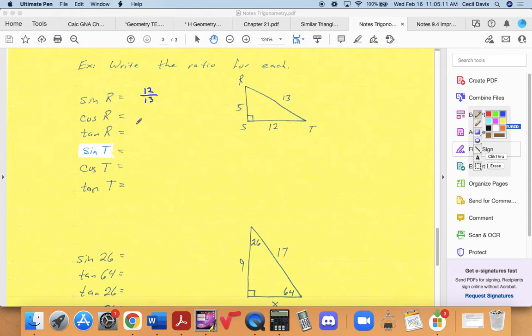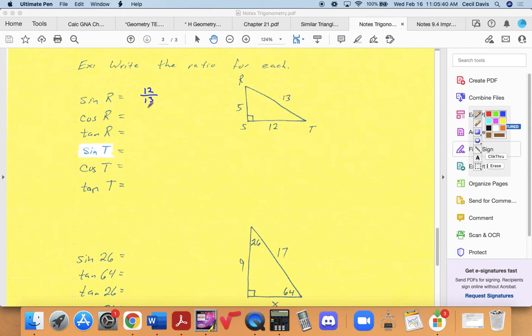What will the cosine of R be? Cosine is what over what? Adjacent over hypotenuse. Be careful on that one when it says adjacent. What does adjacent mean? Right next to. It's the adjacent leg. So if I'm at angle R, the leg that's adjacent to it is 5. 12 is the leg that's opposite.